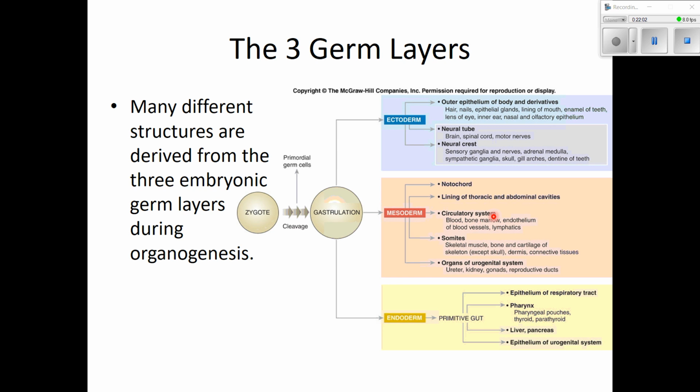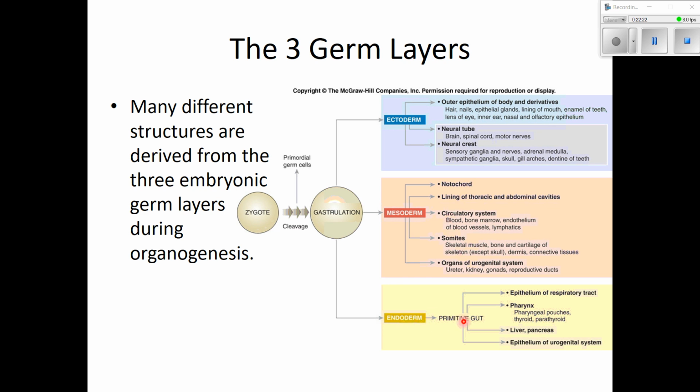So this is just a little more detail of what I was just talking about. Here's ectoderm, mesoderm, endoderm, and you can see it breaks it down to all the different body parts that form from the ectoderm, all the different body parts that form from the mesoderm, which is a lot because it's most of your internal organs.